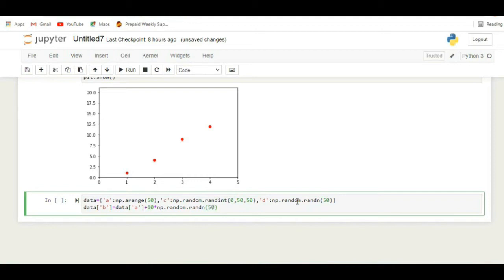Inside the parenthesis you will write 50, random.randn 50.